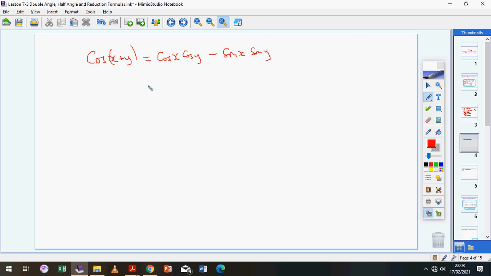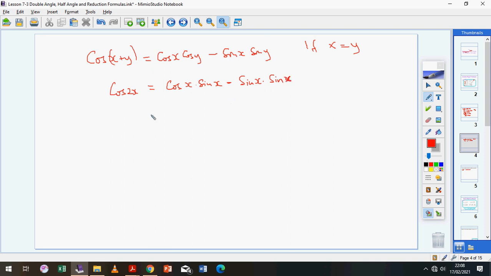Now if x is equal to y, if x and y are the same thing, then this will be cosine 2x, and the right side becomes cosine of x times cosine of x minus sine of x times sine of x.